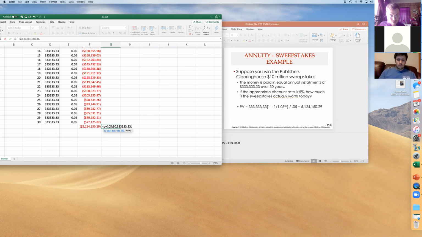There is no future value lump sum to take into consideration, and these are an ordinary annuity, so it's type 0. And I should get the exact same number, and I do.